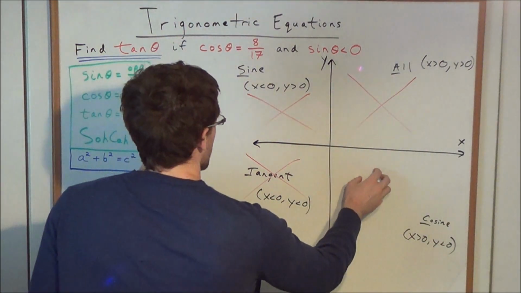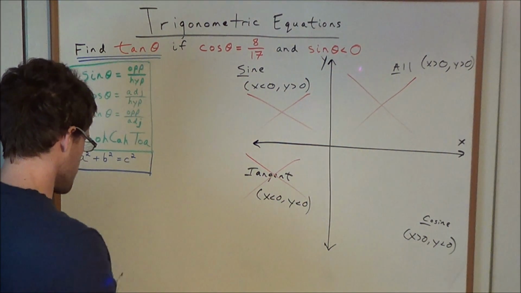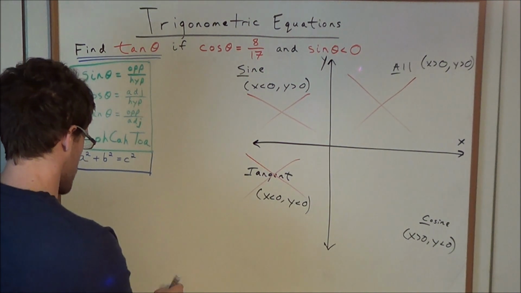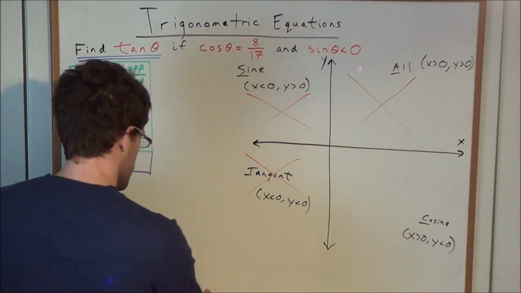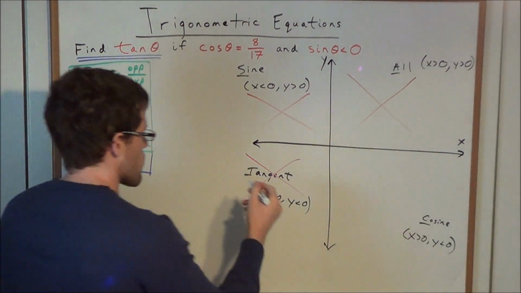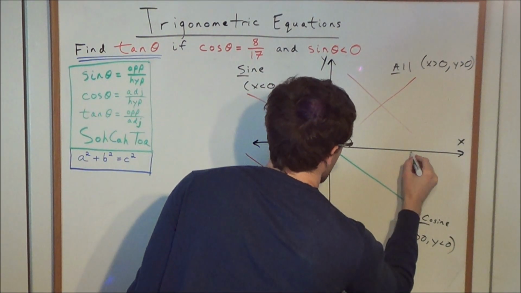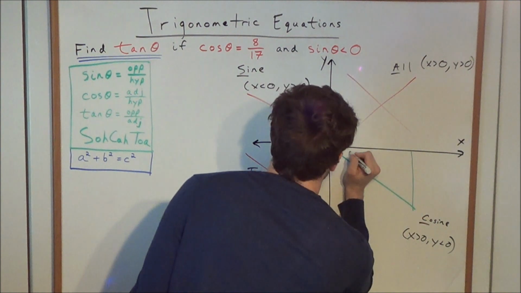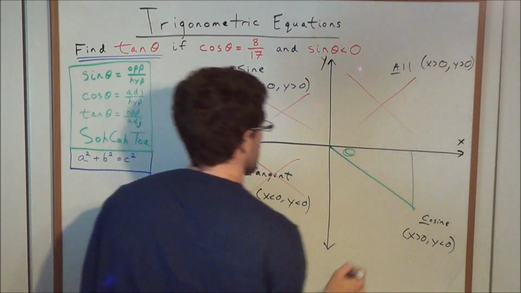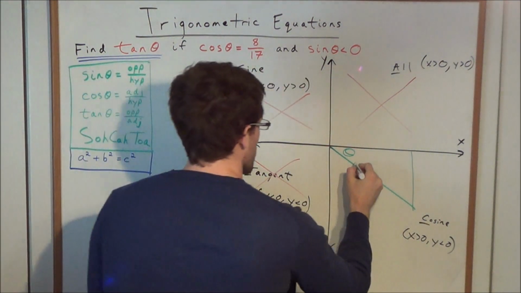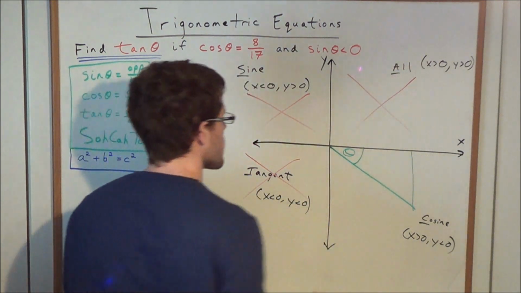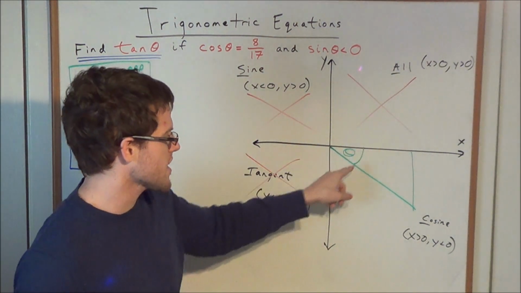So now that we know our theta is in the fourth quadrant, we can sketch a right triangle using theta as our reference angle. Remember, the reference angle for theta is always the distance back to the x-axis.